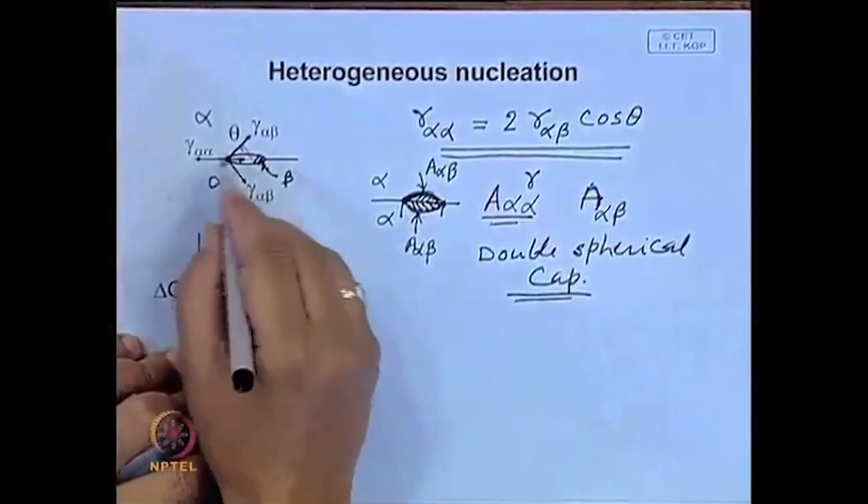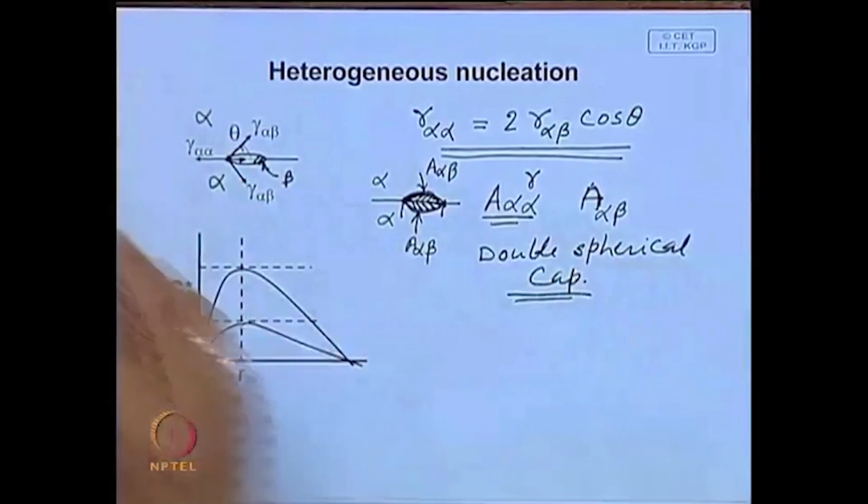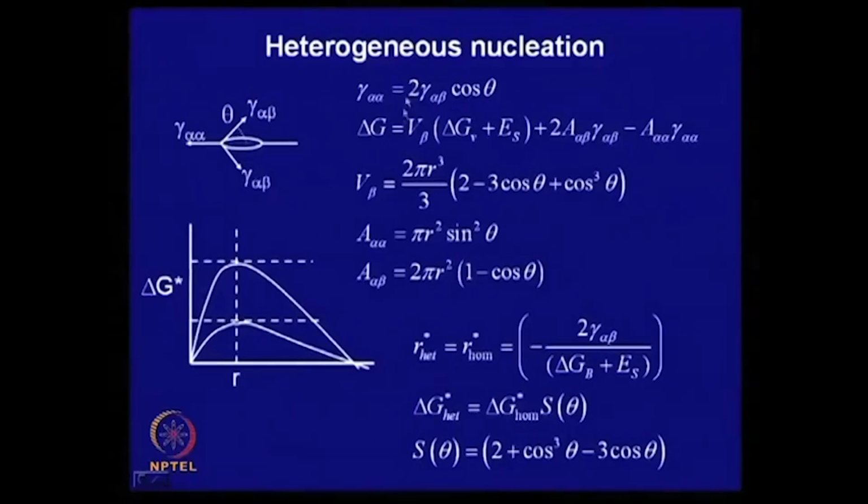And you can show under what condition the critical nucleus size arises, and the calculation procedure is exactly the same.